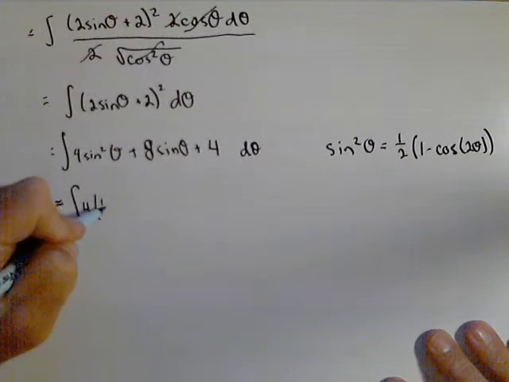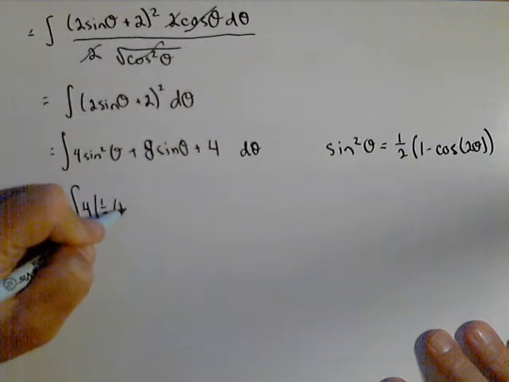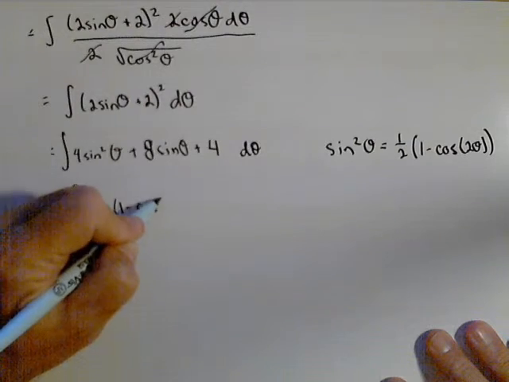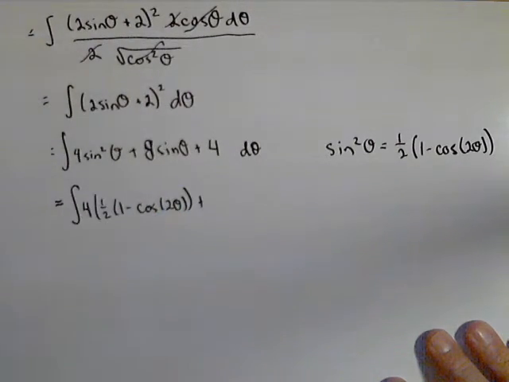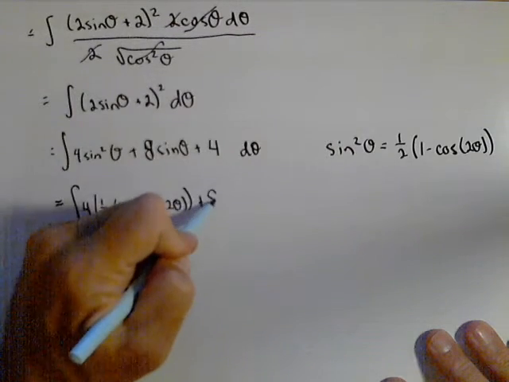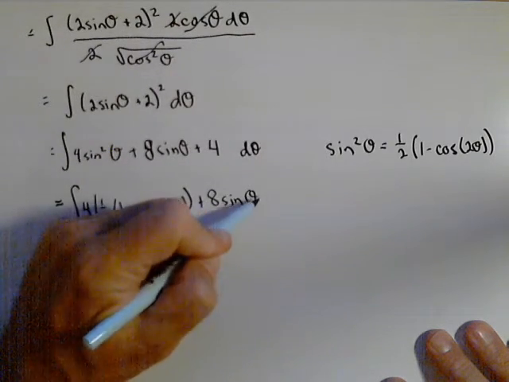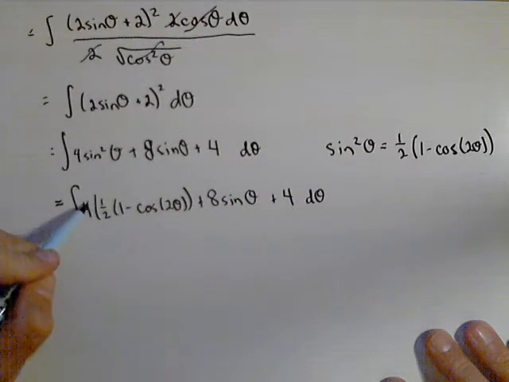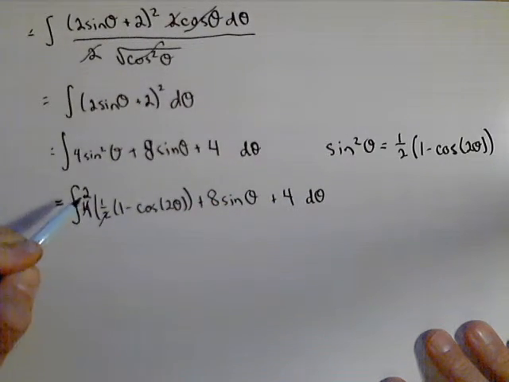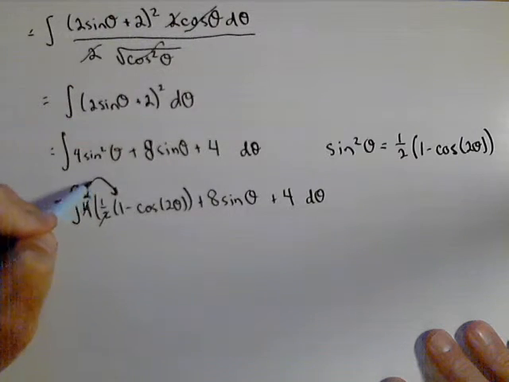So 4 times 1/2 times 1 minus cosine of 2 theta plus 8 sine of theta plus 4 d theta. We can do some canceling there, and I'm going to now distribute that 2.